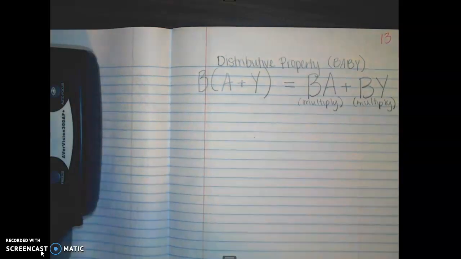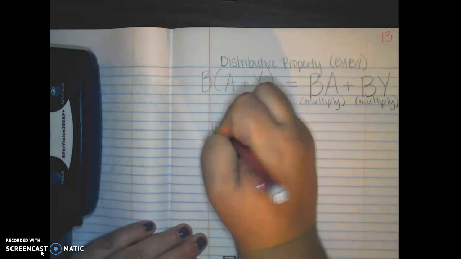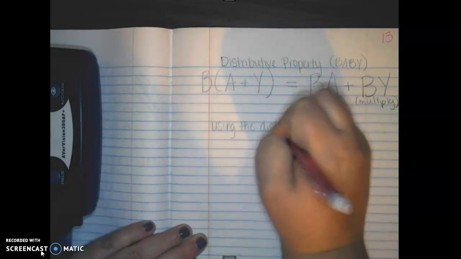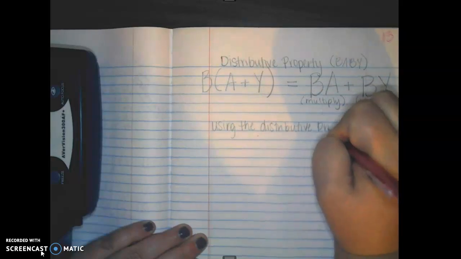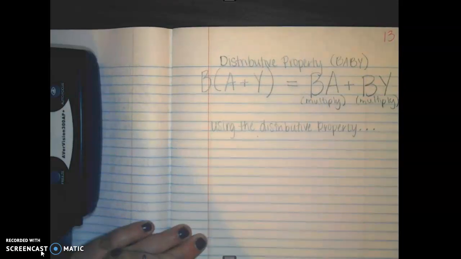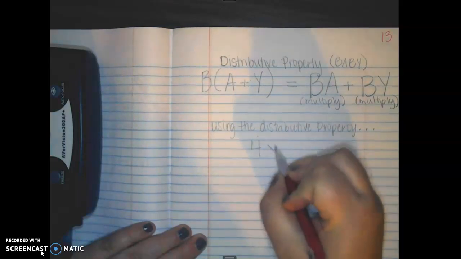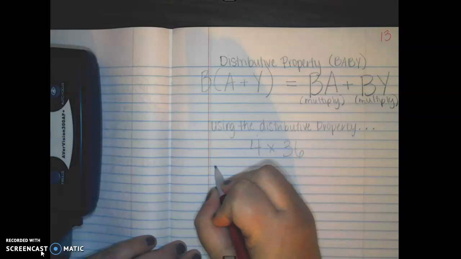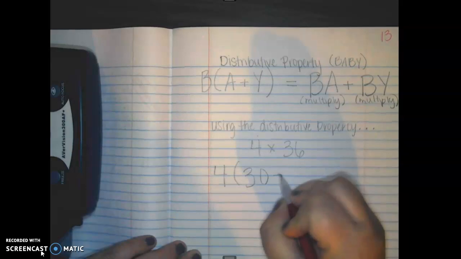And we're going to talk about how to use the distributive property. So the example they give is 4 times 36, which is the same as doing 4 times 30 plus 6.